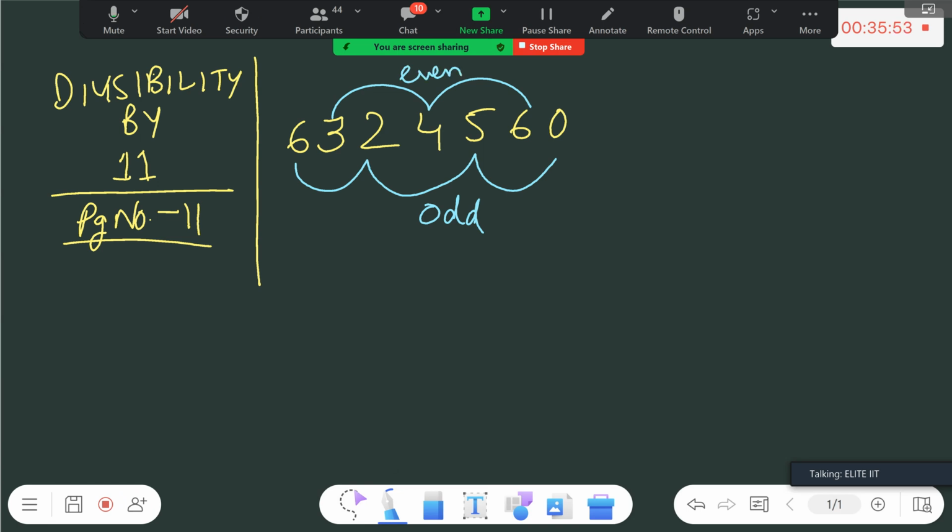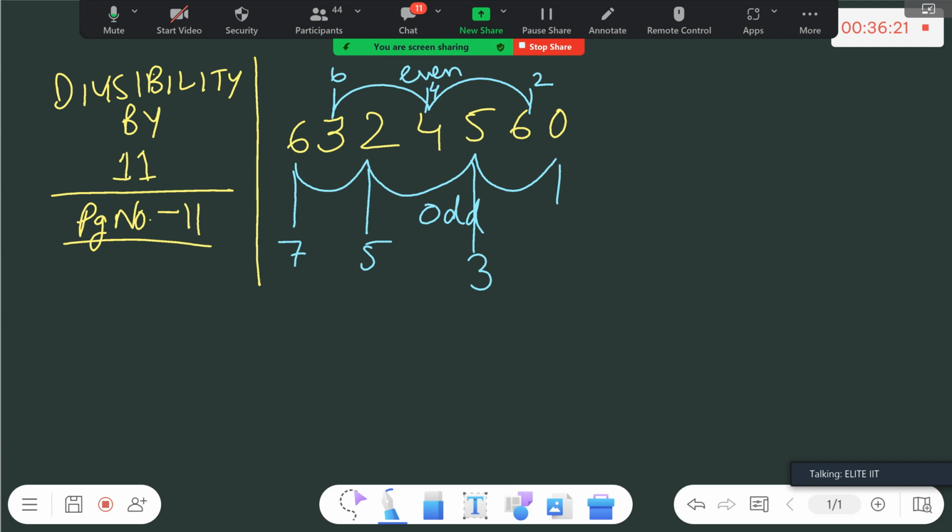Odd places means this is the first place, this is the third place, this is the fifth place, and this is the seventh place. And the even places are, this is the second place, this is the fourth place, and this is the sixth place. Okay.